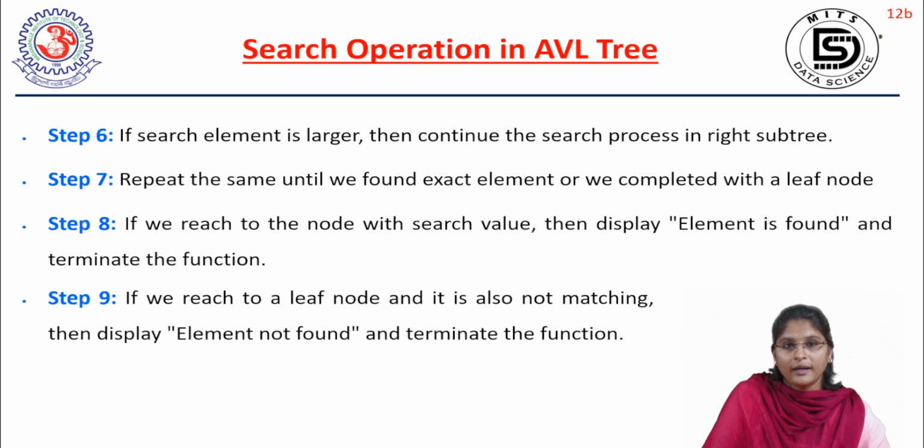Repeat the same until we find the exact element or we reach the leaf nodes. If we reach the node with the search value, then display element is found and terminate the function. If we reach a leaf node and the element is not matched, then display element is not found and terminate the function. This is like the normal binary search tree properties for searching an element in AVL trees.